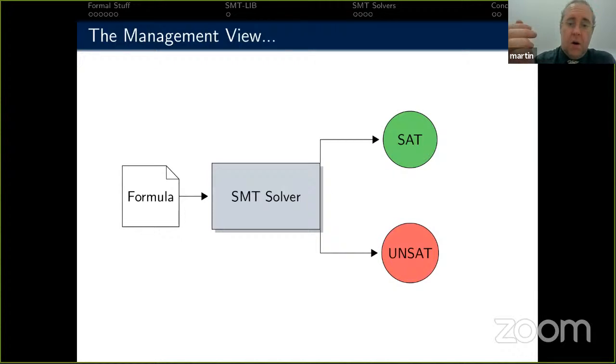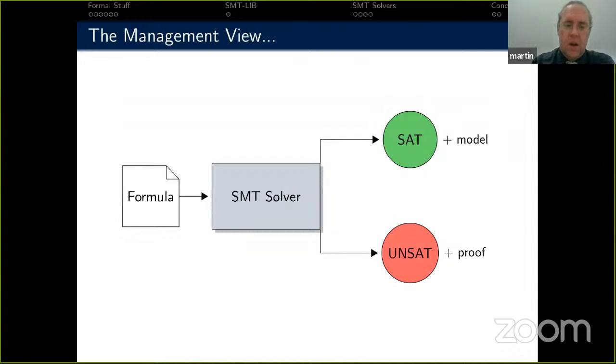Armin may have also talked about the case that when you get a SAT answer, what you often, but not always, want is a model as well. That's an assignment of the variables in a problem to values.